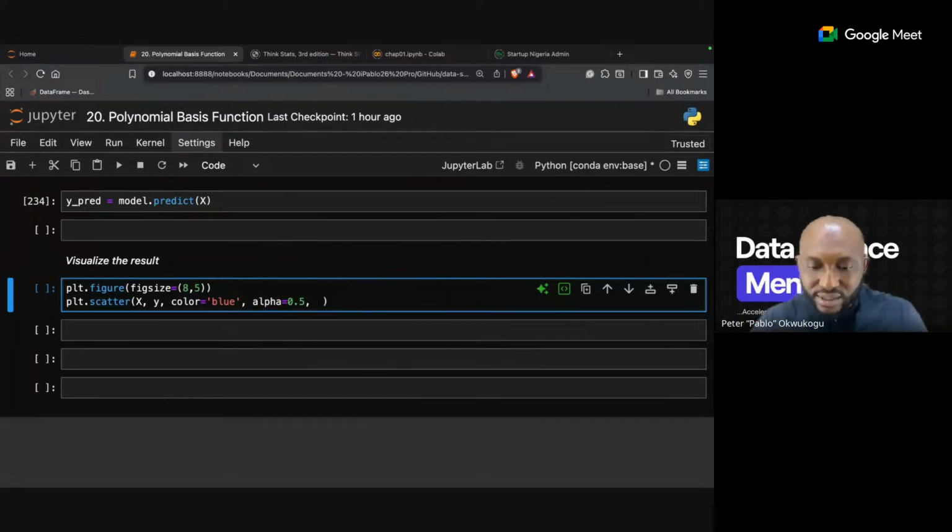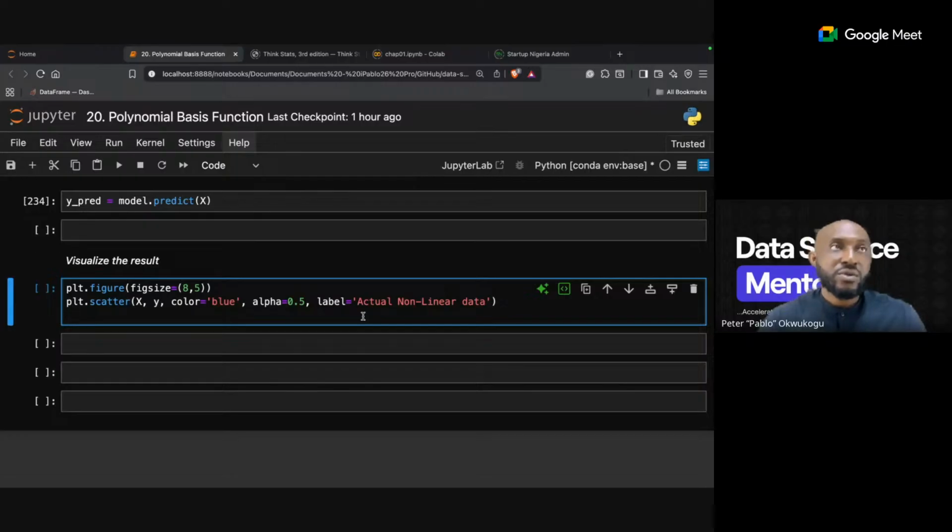So we say label, and we're going to call this the actual non-linear data. This is it.